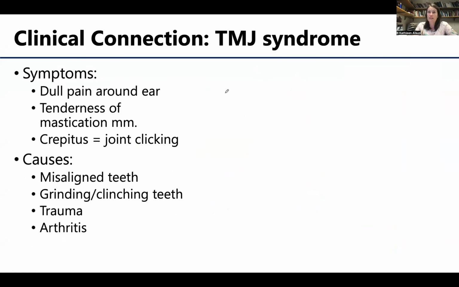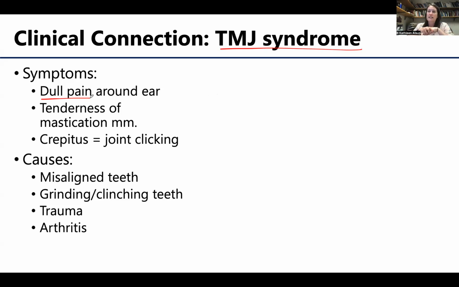Now, you can obviously have issues associated with the TMJ. If you've ever heard somebody say, I have TMJ, what they really mean is they have TMJ syndrome. We all have a TMJ, right? We have two. But what they're really talking about is they have issues associated with their temporomandibular joint. And a lot of times, the common complaint is dull pain. Generally, you feel that dull pain around the ears because that TMJ is right there next to the ear.